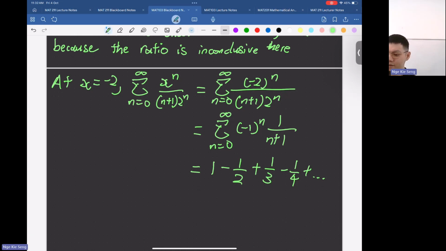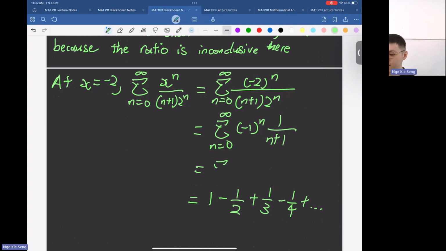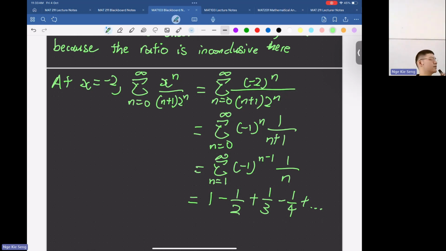So actually you can rewrite this sum by starting at 1, which is -1 to the n plus 1 times 1 over n. Correct or not? If you push your n forward by 1, this one needs to be pushed backward.